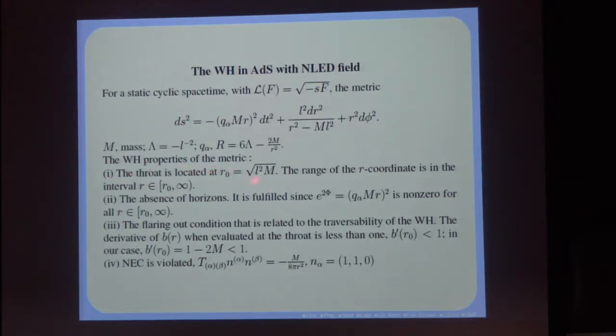So the field is located here, and what else? Well, it never happens at a horizon, and the flaring-out condition is fulfilled. It's just a simple calculation, and consequently, the null energy condition is violated.